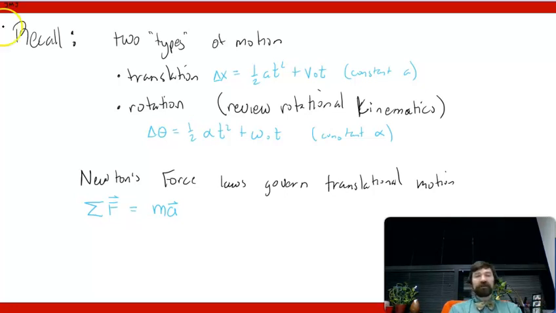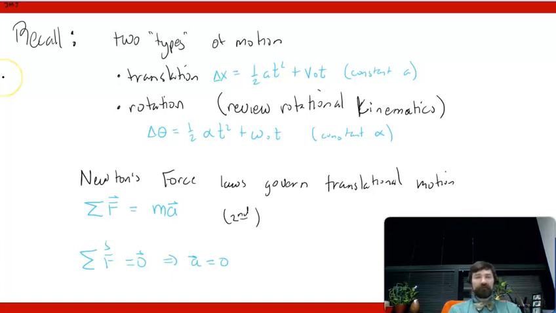That is the second law. And we also have the first law, which we wrote as the sum of forces equals 0 implies that acceleration equals 0, or really implies that change in momentum is 0, but we could say implies acceleration is 0.